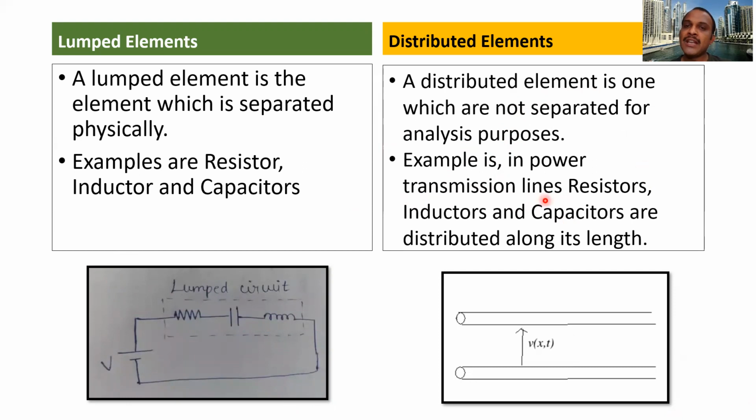In power transmission lines, we have resistance, inductance, and capacitance distributed all over the line, from power generation to utilization, with resistance, shunt capacitance, and series inductance all over the transmission lines.